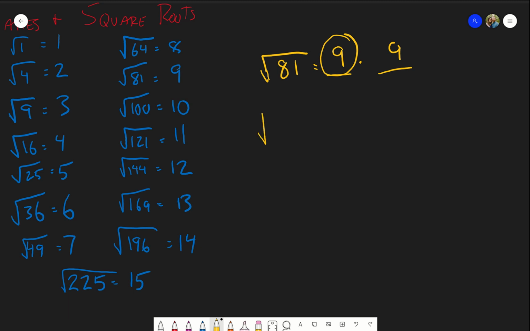The square root of 81 might also be done by doing a different math problem. Negative 9 times negative 9. So the square root of 81 might also be negative 9. It could be either one because when we're timesing negative times negative, that's positive. 9 times 9 is 81.